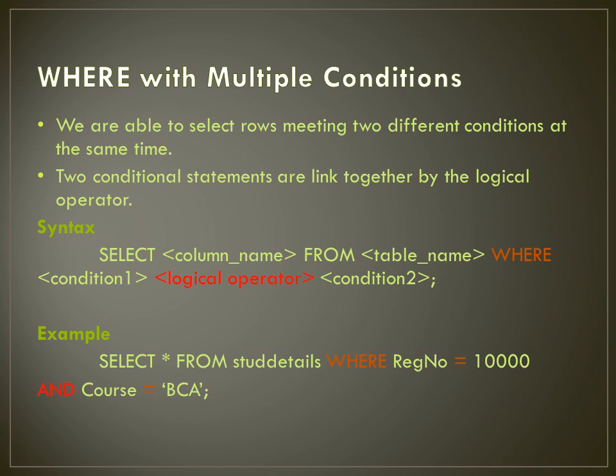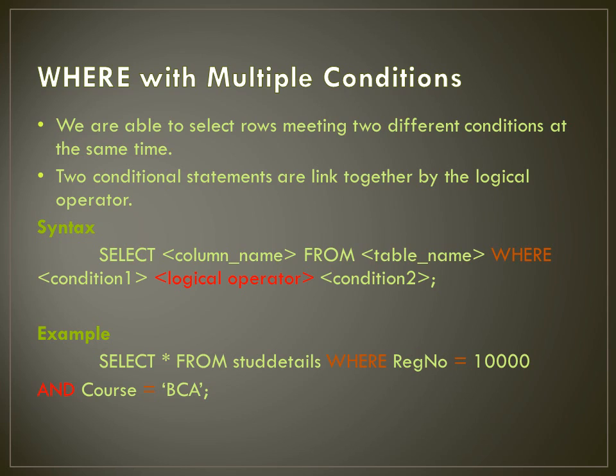Where with multiple conditions, we are able to select rows that meet two different conditions at the same time. Two conditional statements are linked together by a logical operator. Syntax for this is select column name from table name, where condition 1 logical operator condition 2.